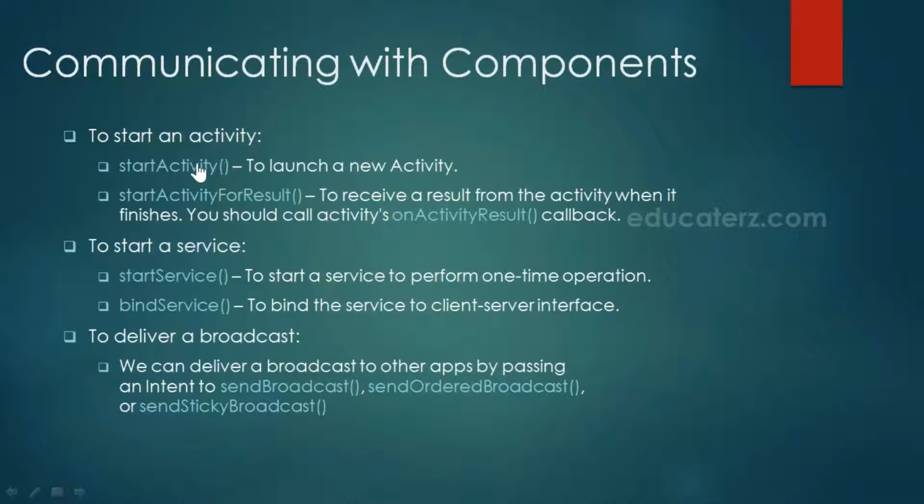If you want to start an activity, we use either the startActivity method or the startActivityForResult method. We call startActivity to launch a new activity. When that new activity is going to return something to the user, we use startActivityForResult, and then we call onActivityResult, where we receive the result.